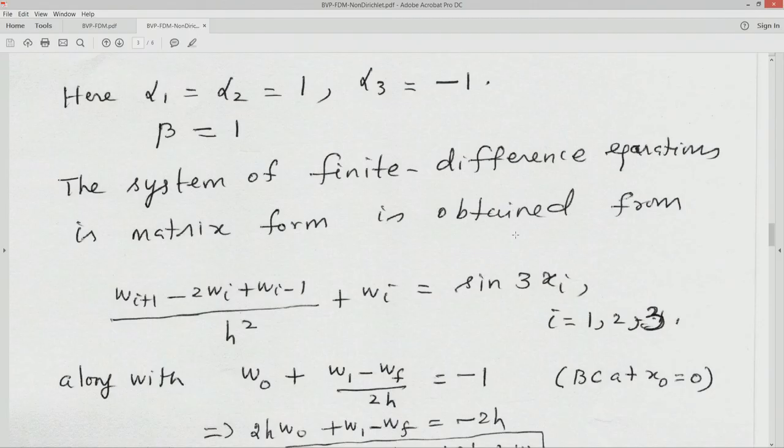So, we would like to replace them by second order accurate finite difference formulas in this problem, and then evaluate the differential equation at the interior points and obtain the resulting equations for the unknowns which are approximations to the exact solutions of the differential equation.